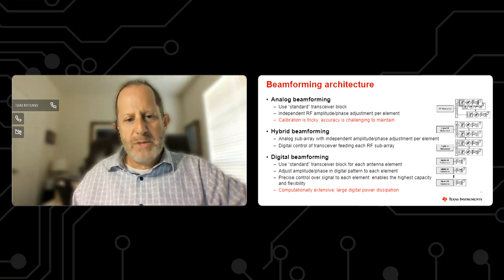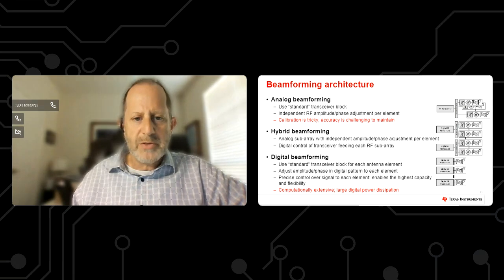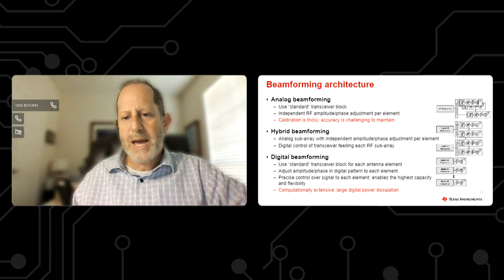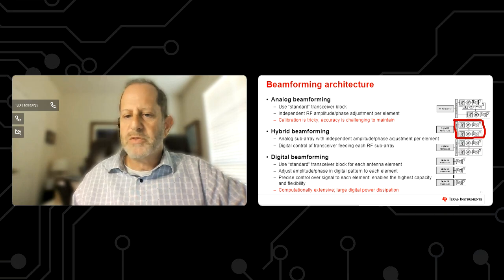So we'll shift maybe to the next form here, looking at a hybrid beamforming approach. This is a combination where we can still have that traditional digital RF transceiver, but each one of those transceivers will split out into multiple analog front ends that have their independent amplitude and phase adjustment capabilities.